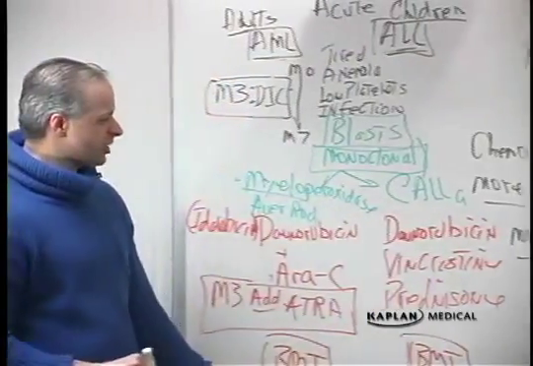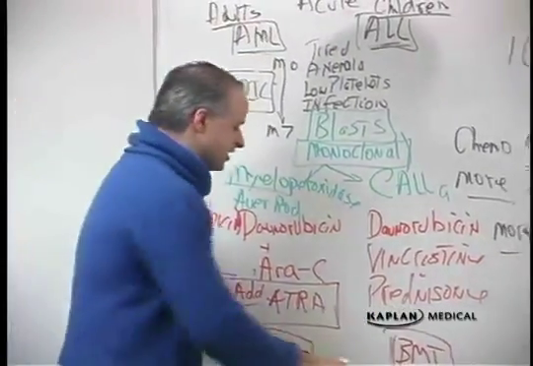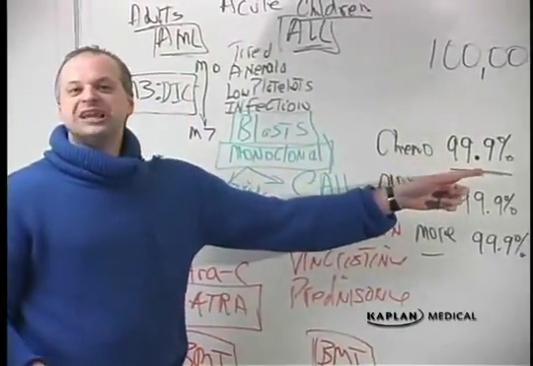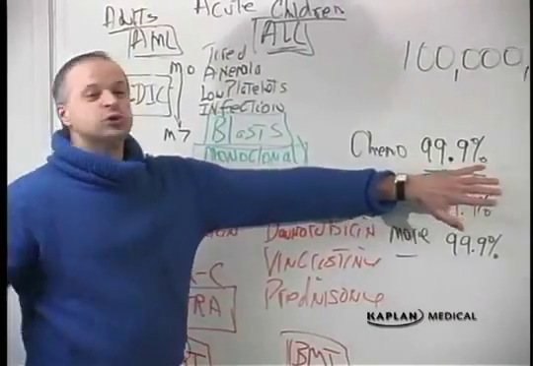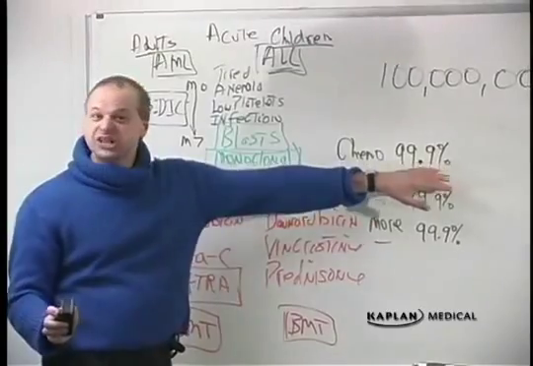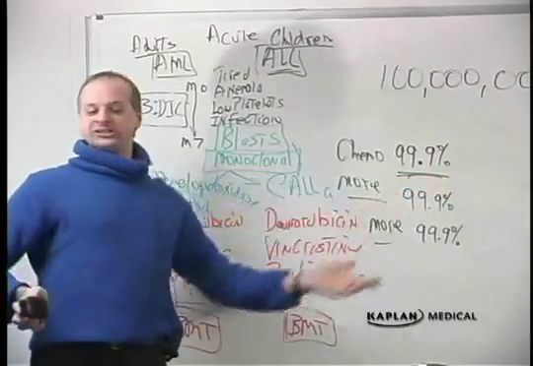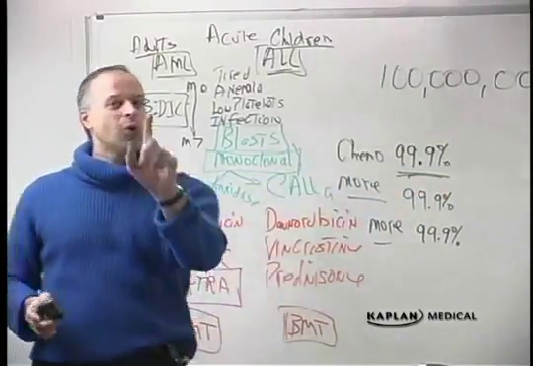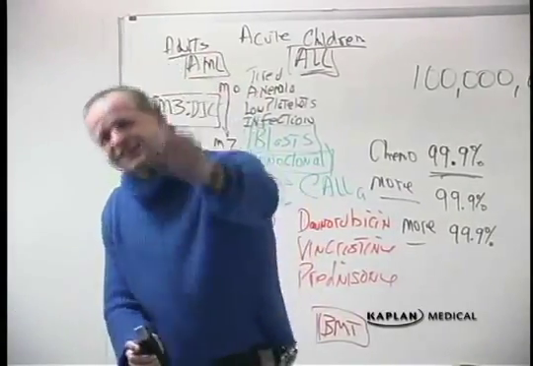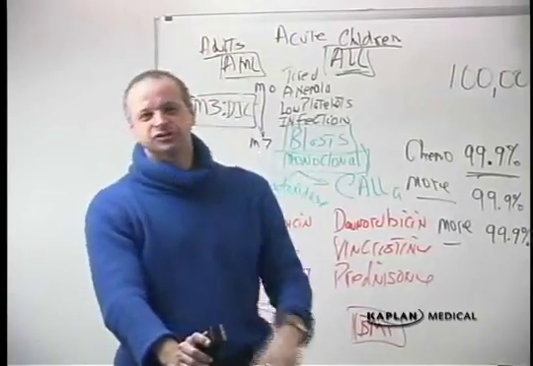Oh, terrible, terrible. Well, look at this thing here. Cytogenetics. Look, chemotherapy, inducing a remission. We remove 99.9% of the leukemic cells from the body. Wow, only one-tenth of 1% will be left.